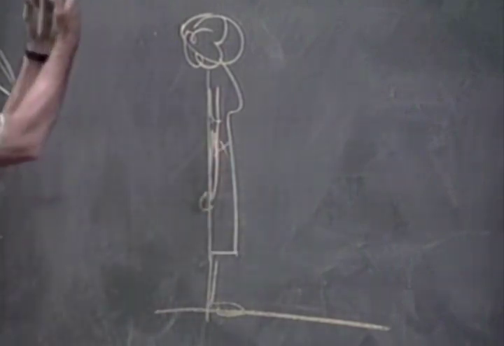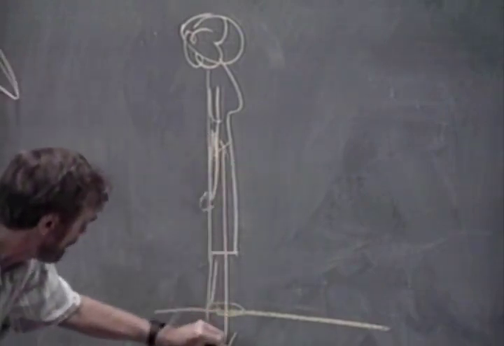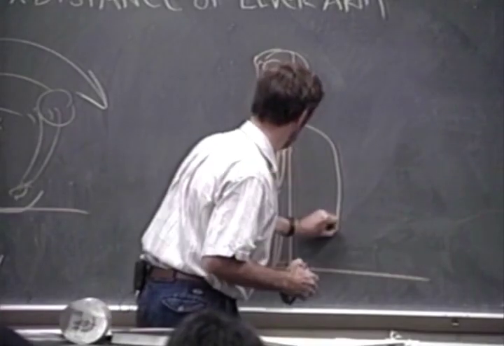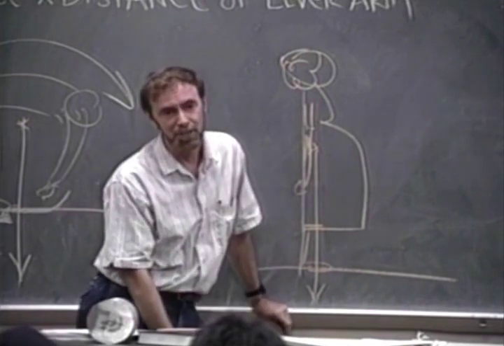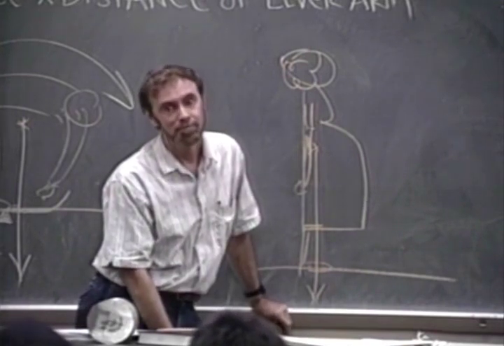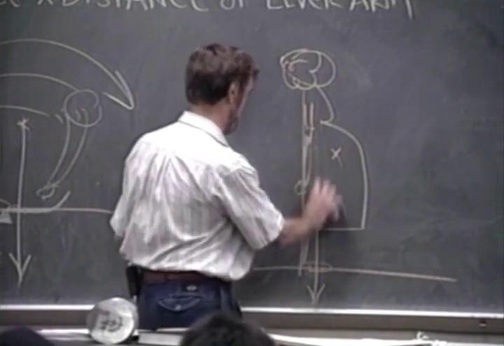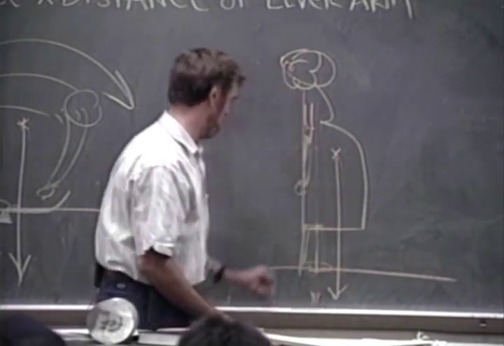Center of gravity, that means old Mother Earth pulling down as if all her weight were there. Any torque? No torque. She's okay. Consider pregnancy. What happens to her center of gravity, gang? It shifts forward. Old Mother Earth pulls down as if all her weight is there, and uh-oh.